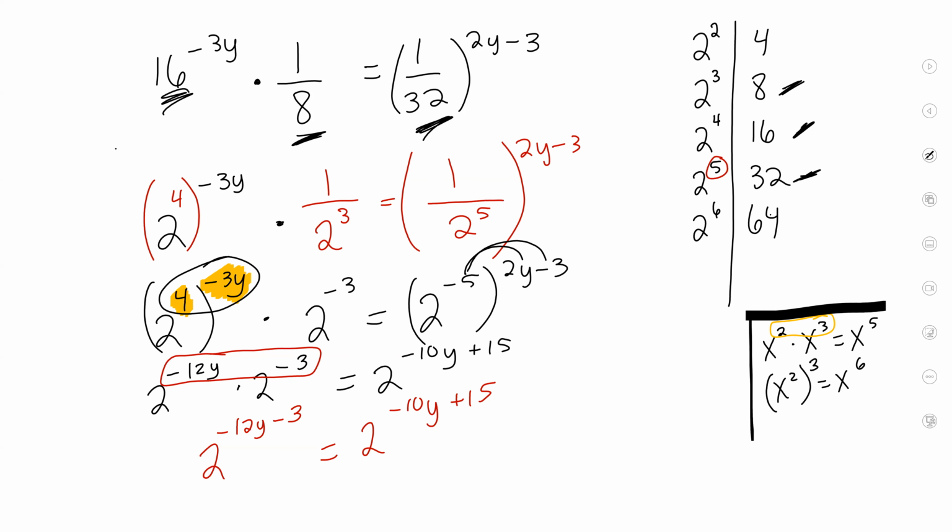Okay, now we have base 2 and base 2. We just set the exponents equal to each other and solve. So we have negative 12y minus 3 equals negative 10y plus 15. So I can add 10y, get negative 2y. So y is negative 9.